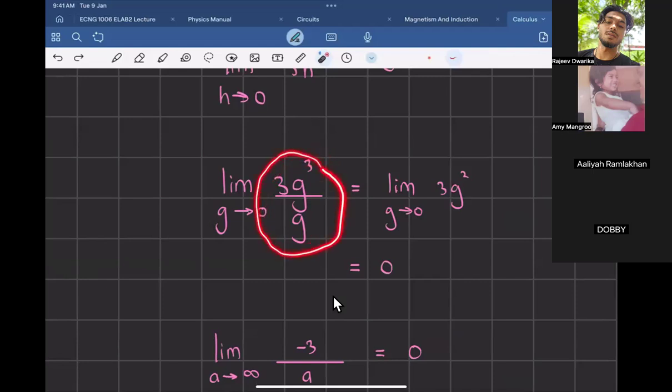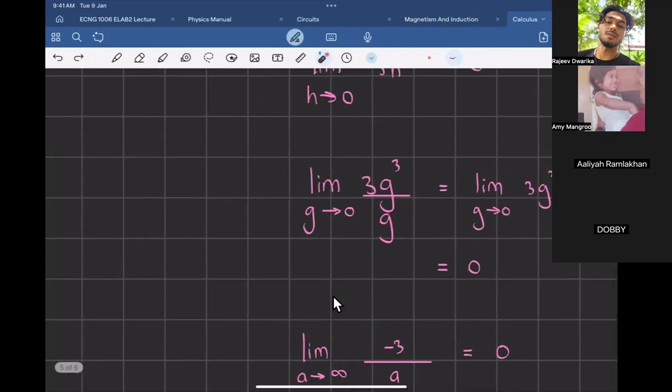Could I simplify this? I have 3g cubed over g. If I have g cubed and I have a g in the bottom, I could cancel off one of the g's on top. So I have 3g squared. You didn't see that? I saw it, but... Do you remember what g cubed means?